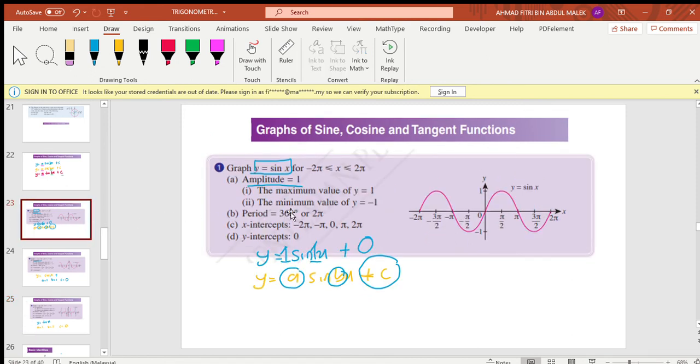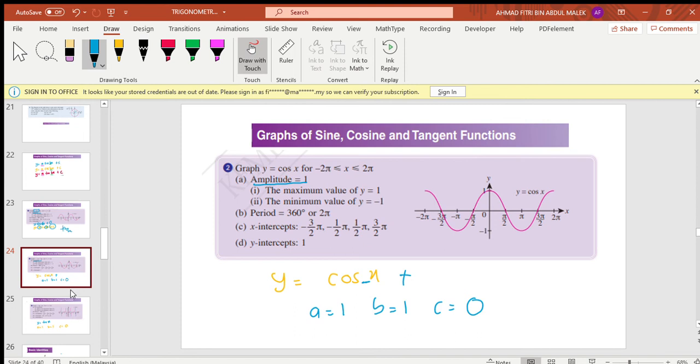Now we go to b. b refers to the number of cycles itself. Now it is 1, meaning it only has 1 cycle in terms of 2 pi, 1 complete cycle or 1 period.